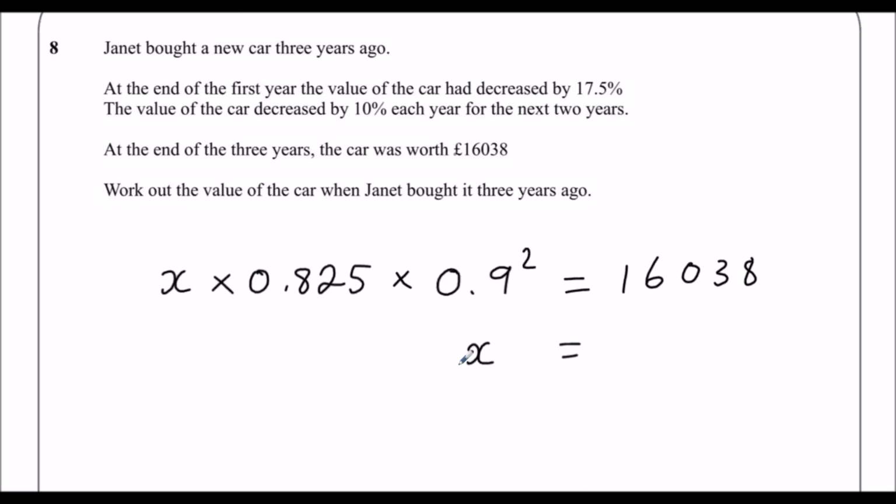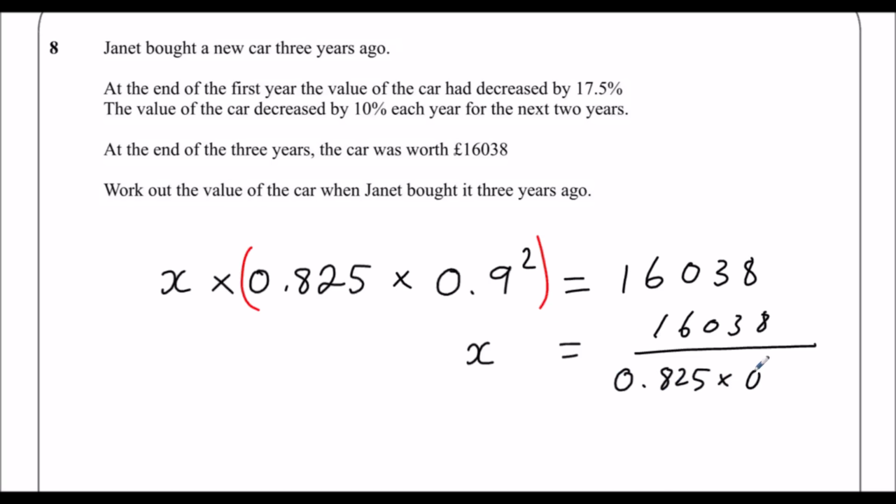So to find our original number, we just get x by itself. At the moment it's multiplied by this. So we do the opposite of timesing, which is dividing. So divide by this number.